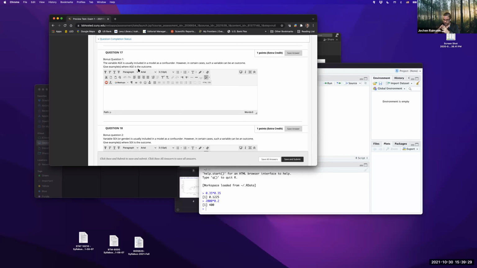What was meant is that you have a variable age, which is a non-modifiable variable, as far as we know. Except when you find the fountain of youth somewhere in South America, then maybe you get younger. That is why it usually counts as an adjustment factor in a regression model.